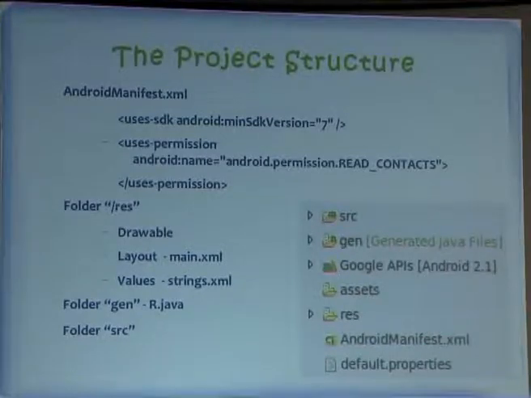The manifest XML file lies in the root, where the permissions are defined. It means if you start activities in your application without defining any permission, for example to read contacts, to handle a phone call, or maybe internet access, your application will do nothing.